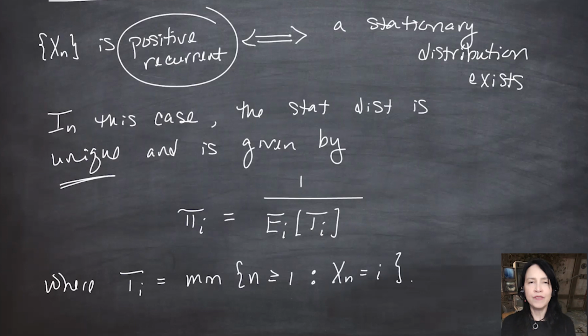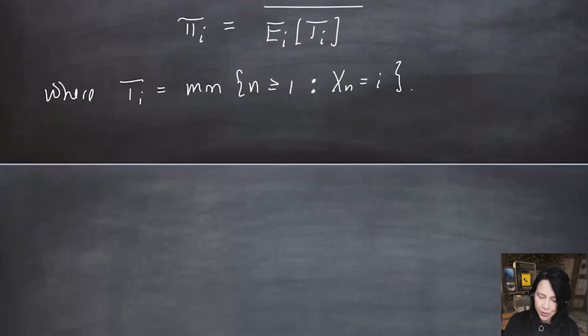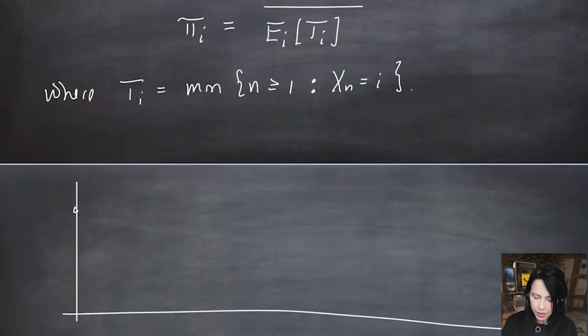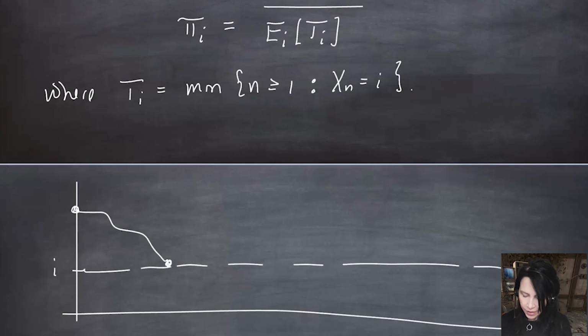And this should feel intuitively okay, because if you imagine starting a sample path of a Markov chain from anywhere, and let's look at a state i. Because the chain is irreducible, you will eventually hit i. And then, because the chain is positive recurrent, you'll eventually return to i.